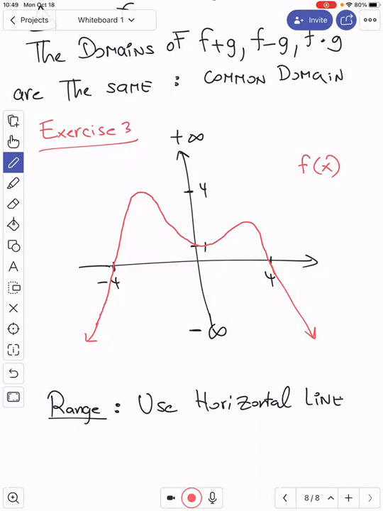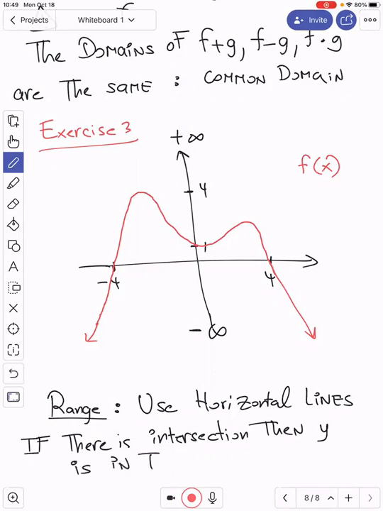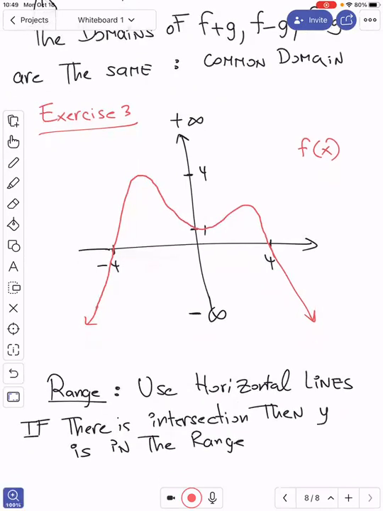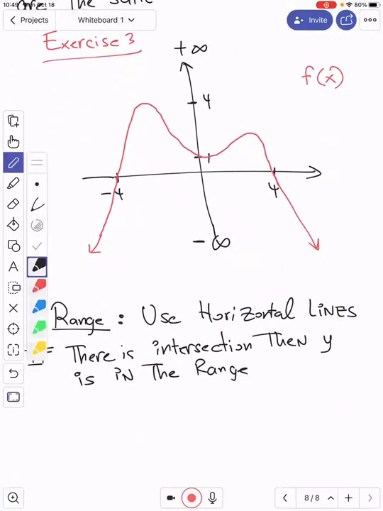So if there's intersection, then y is in the range. All right, so let's do this. As I said, you go from the bottom to the top.